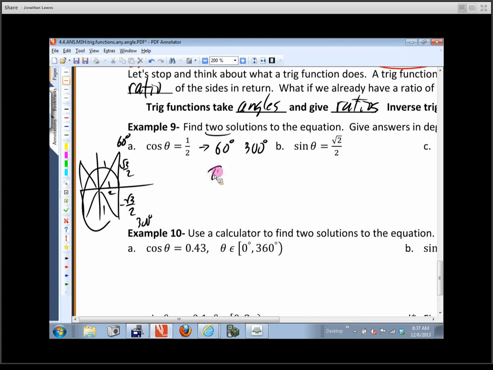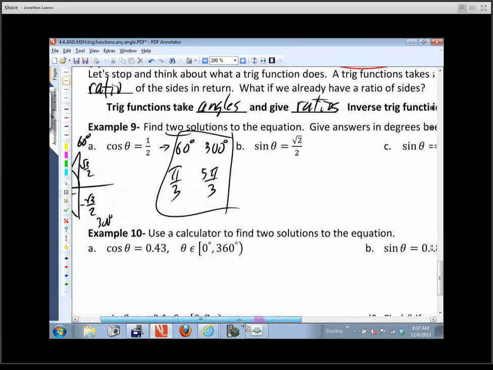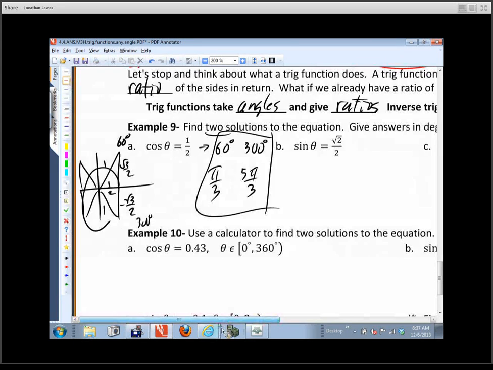This is pi thirds, and this is 5 pi thirds, okay? You need to be able to convert that quickly. Radians to degrees, degrees to radians. We good there?